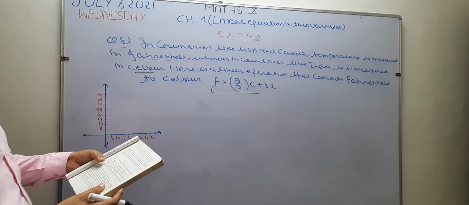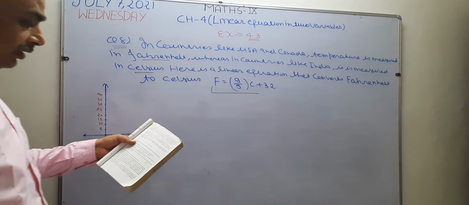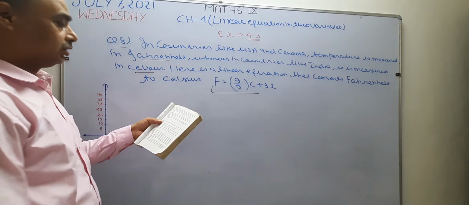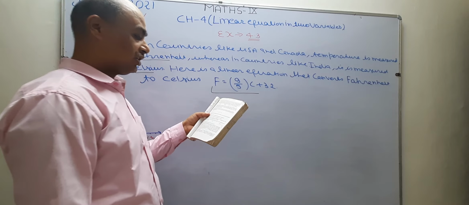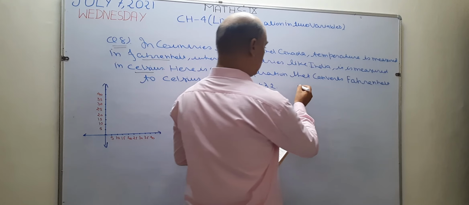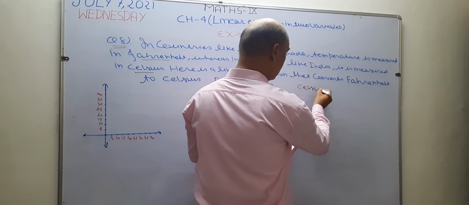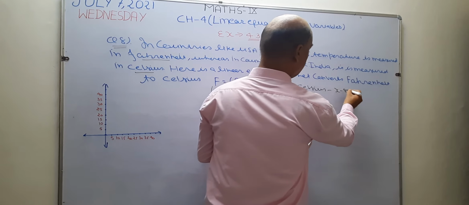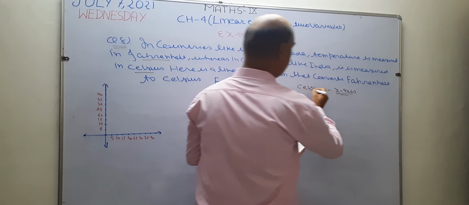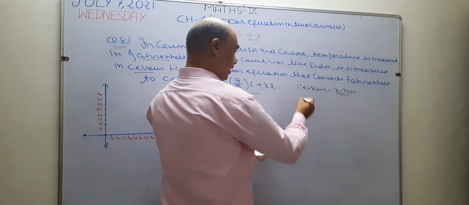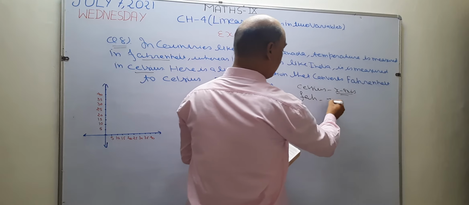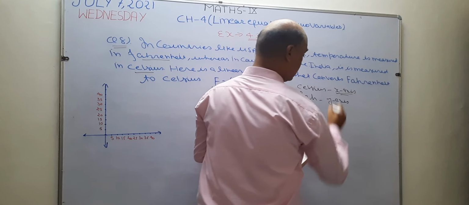Now there are 5 parts. In the first part, what is given? Draw the graph of the linear equation using Celsius as x-axis. In this question, we have to use Celsius as x-axis. It means I want to take Celsius as x, and for Fahrenheit, we take y-axis.